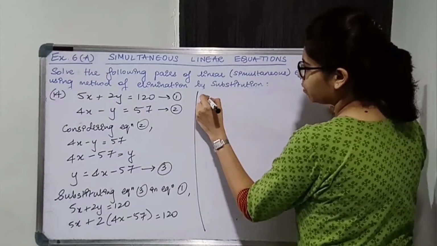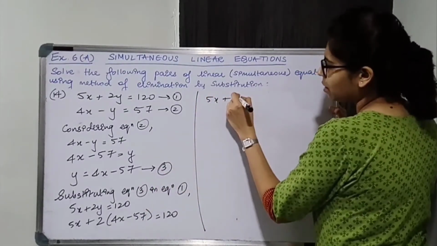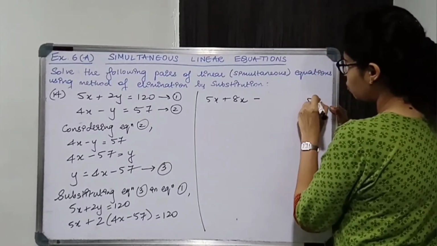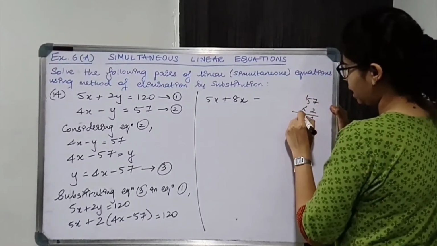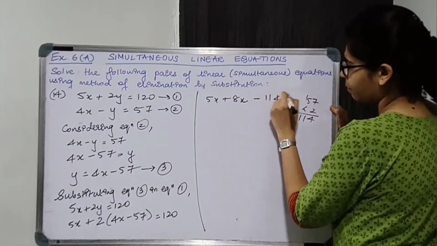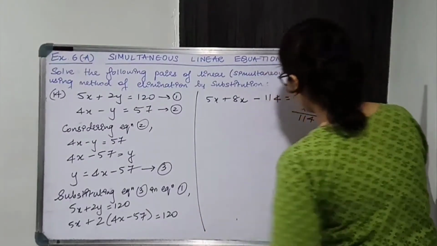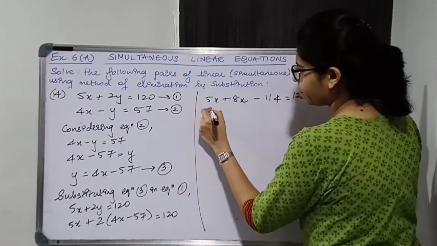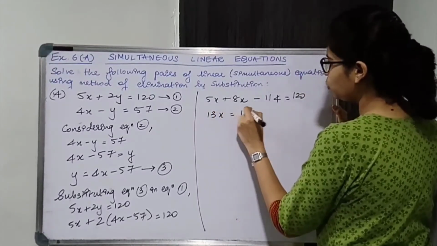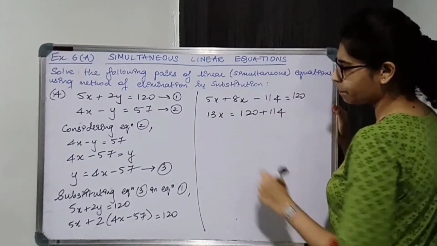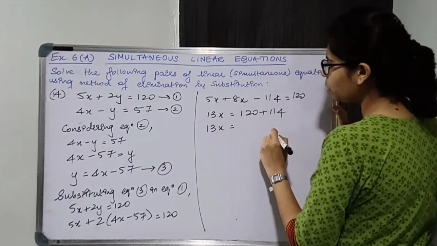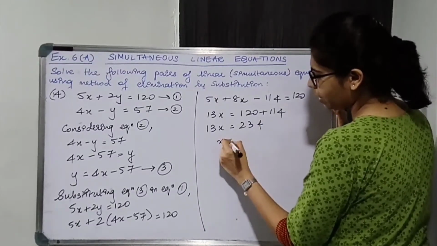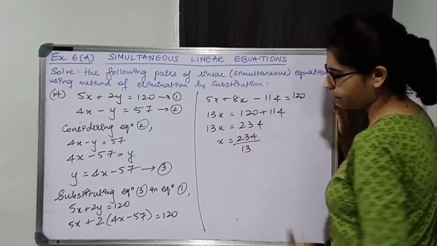So 5x, opening the brackets, 8x हो जाएगा minus 57 into 2. So we'll get 114 is equal to 120. Alright. So 13x is equal to 120 plus 114. Okay. So 13x is equal to 234. Okay, so x is equal to 234 upon 13.